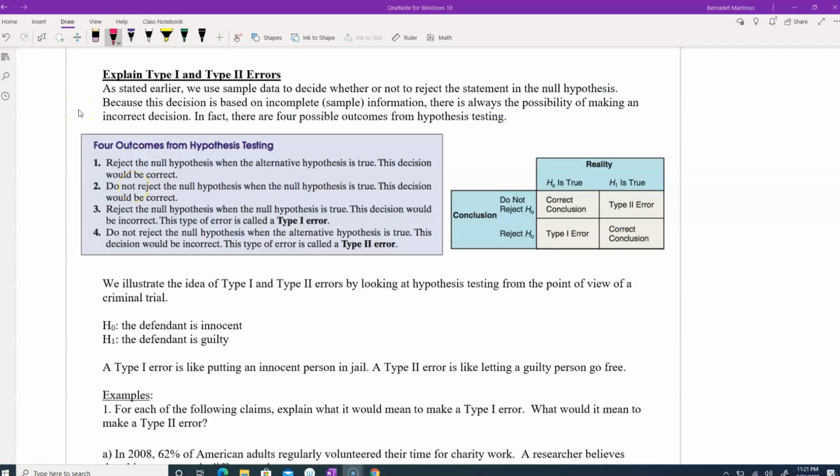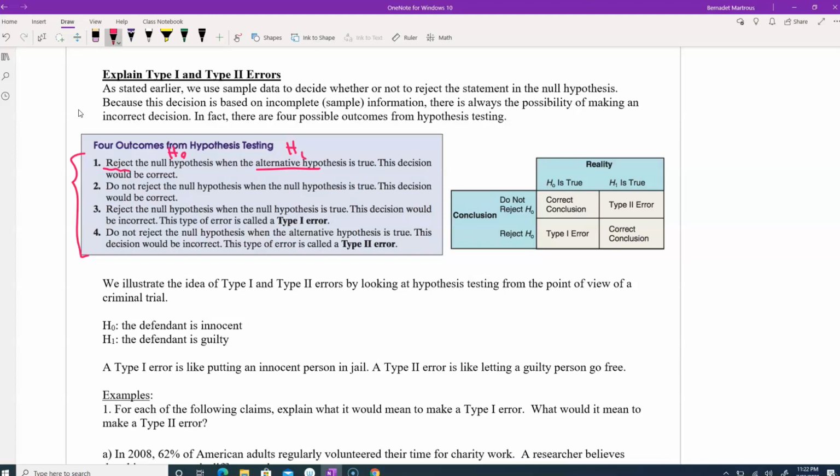Now this part explains type 1 and type 2 errors. Here we have 4 outcomes from hypothesis testing. The first one: reject the null hypothesis when the alternative H1 is true. Based on that, this decision would be correct.